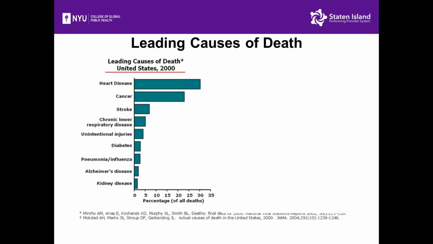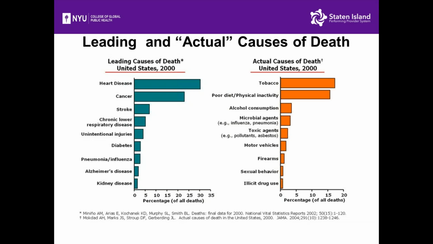Now, when we use data like this to drive our interventions, we tend to focus on healthcare solutions to improve health. So, for example, if heart disease is the leading cause of death that we want to address, it's not uncommon to think about what we really need then is more heart doctors to take care of that condition.